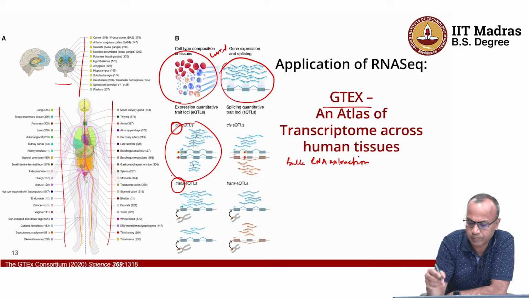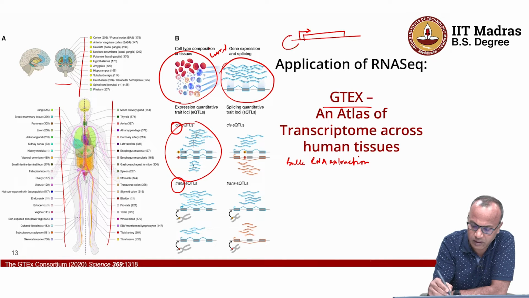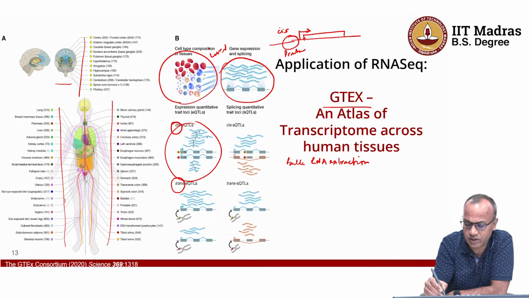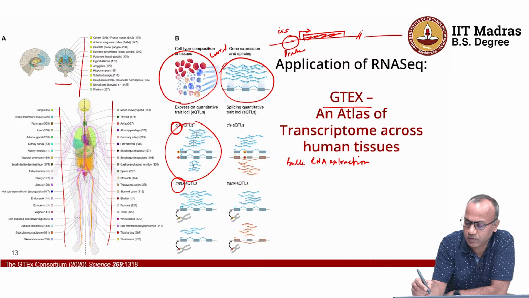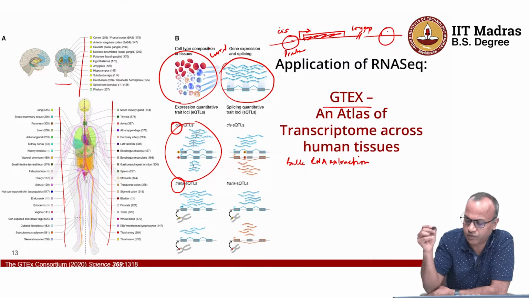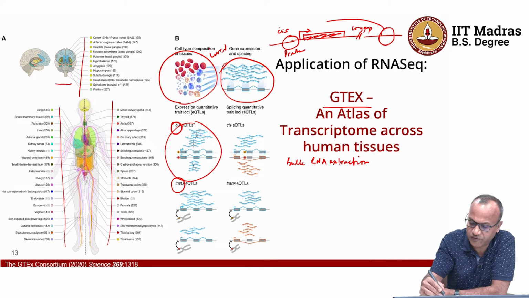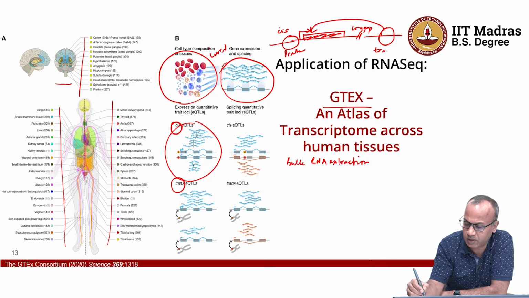So, for example, a particular gene can be regulated with the promoter sequence here, which is called cis location because it's close to the gene here, but if there is a long gap, and there's a DNA element which affects the expression of this, it will be called trans.